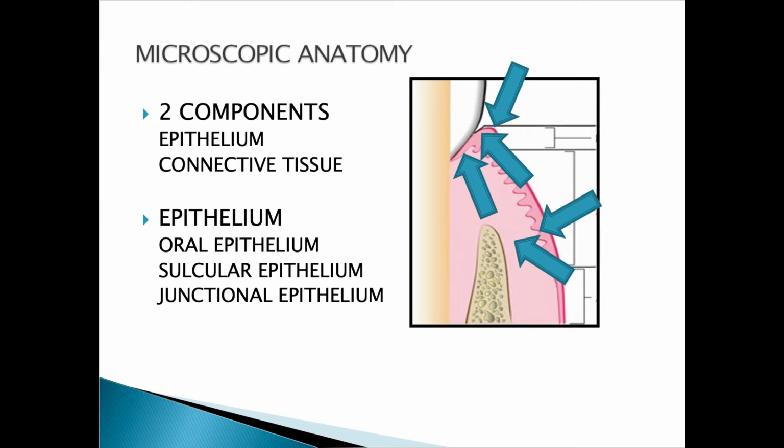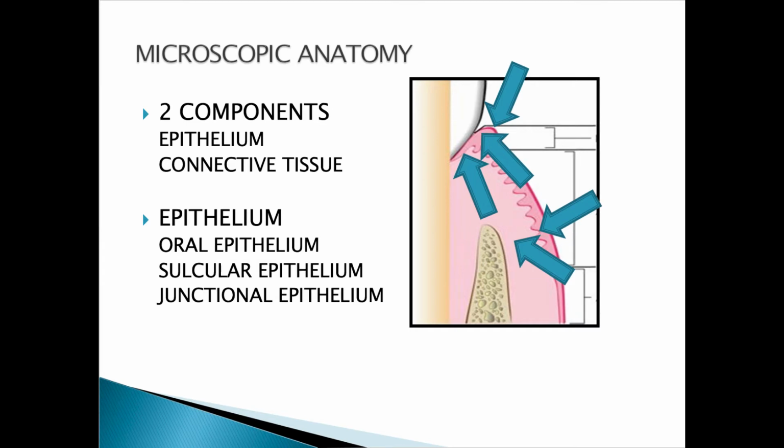The oral, or sometimes referred to as outer epithelium, covers the gingival crest and outer surface of the marginal gingiva and the surface of the attached gingiva. On average, the oral epithelium is 0.2 to 0.3 millimeters in thickness. It is keratinized or parakeratinized, or it may present various combinations.